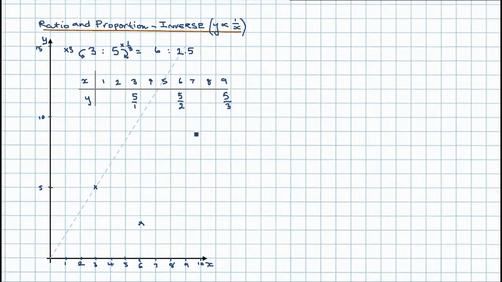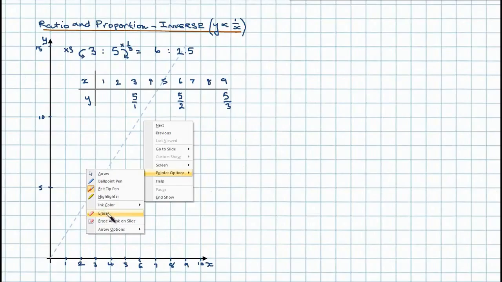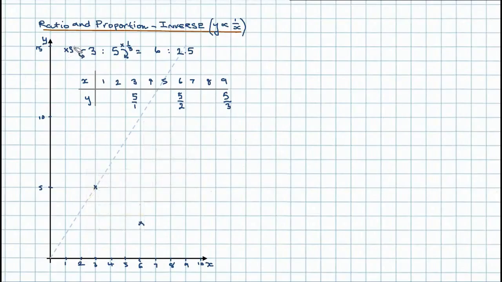Okay, let's go back to the start of our table now and think about 1. Now to get down to 1, what would have happened to that 3? Well, instead of times 3, it's going to be times a third. It's going to be a third of that 3. A third of 3 is 1.